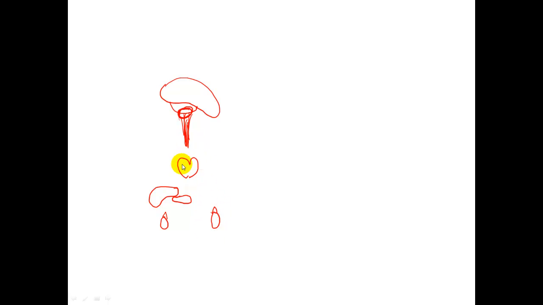So how do I control all of these systems at once? And the answer is if I kick out a hormone that goes into the circulatory system from the brain, this hormone cascades down and it has receptor sites on multiple organs. And from that, those receptor sites then respond.